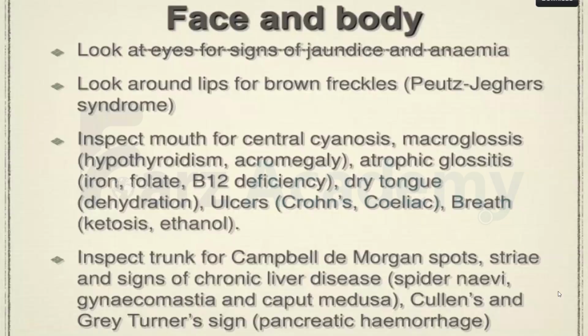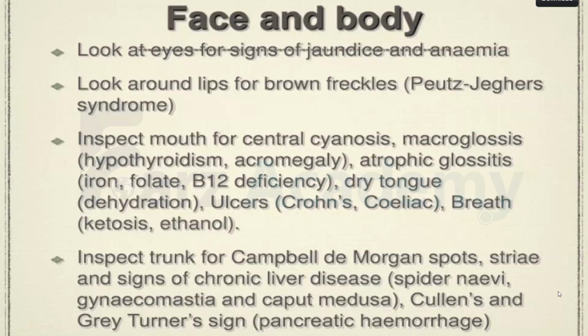You should inspect the mouth for central cyanosis, macro or microglossia. You know the reasons. You should ascertain the state of hydration by looking at the tongue, ulcers, breath, as well as signs of severe inflammation in the form of glossitis.